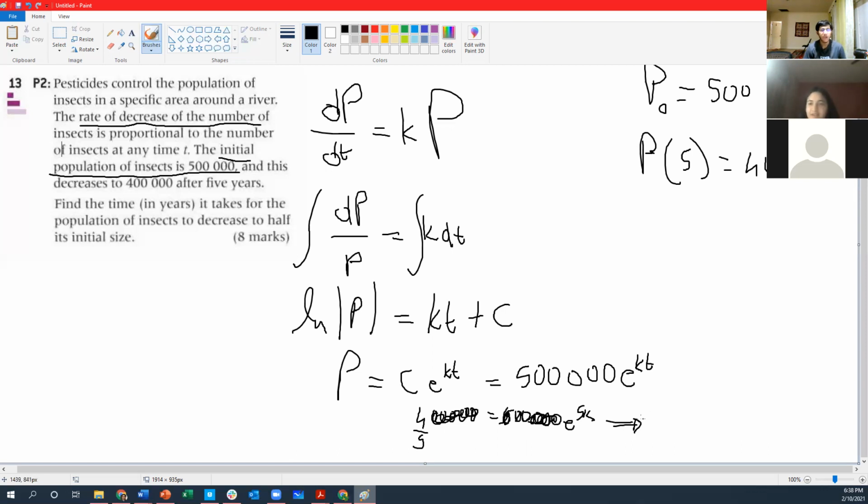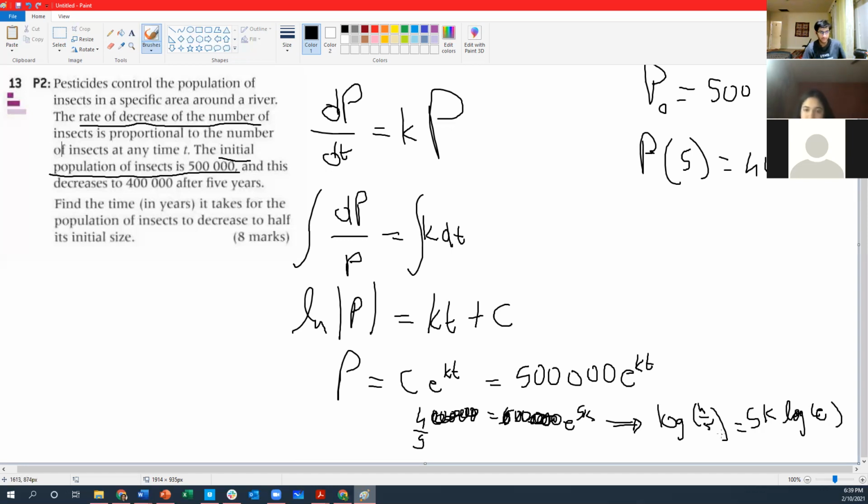Okay, so that's actually a good point. This is a good exercise. If you don't have natural log, you can just do regular log base 10 of 4/5 equals log base 10 of this, but then if you take the log of something to the something, you can pull that power down, right? So now that's 5k log e, and then you can divide both sides by 5 log e to find k.